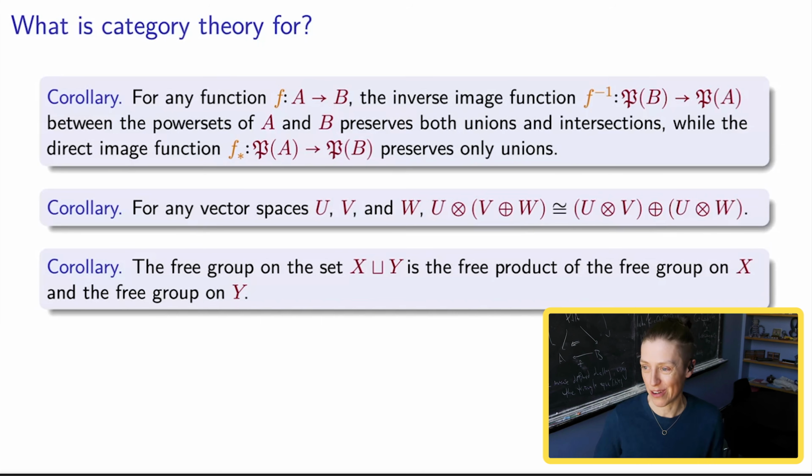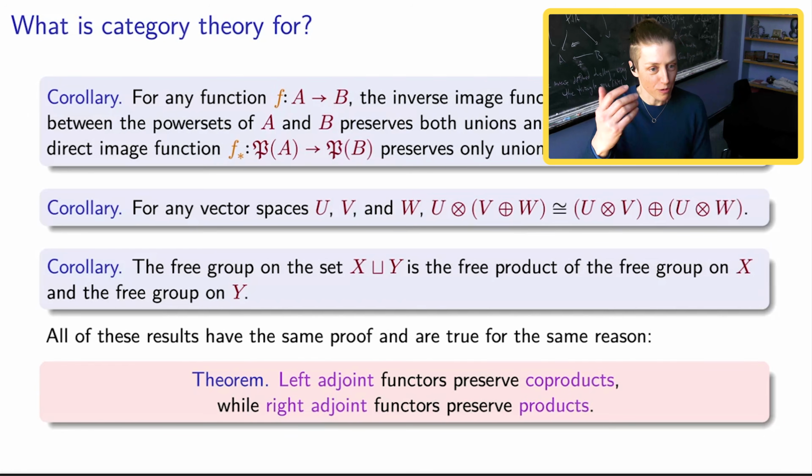And if we had more time, I could add more results to this list, from topology, from analysis, and other areas. But the reason I want to highlight them is that all of these results have the same proof and are true for the same reason. This is what category theory does to mathematics. Sometimes I've described it as taking a bird's eye view on mathematics.